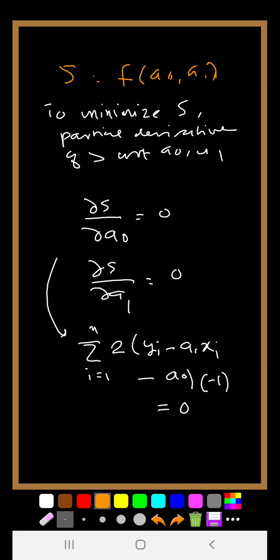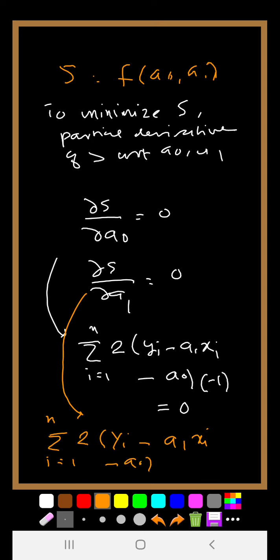And for the second, it will be summation i = 1 to n of 2 (yi - a1 xi - a0) into minus xi equal to 0.